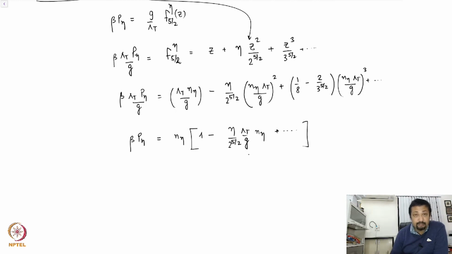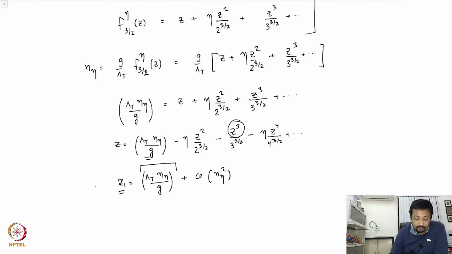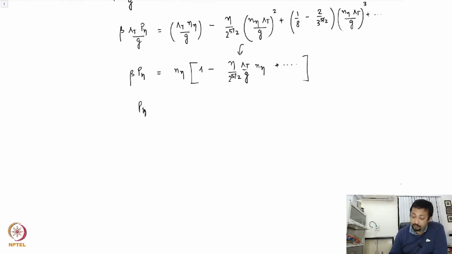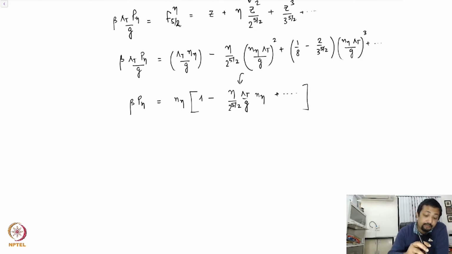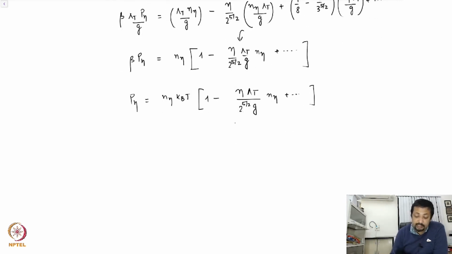In fact, just to determine this correction, it is sufficient to keep up to the first order in z1, so that the thermodynamic pressure of an ideal quantum gas using the canonical formalism comes out to be P eta as n eta kBT times 1 minus eta lambda t over 2 to the power 5 by 2 g times n eta plus higher order terms, and you immediately see that this is the second virial coefficient.